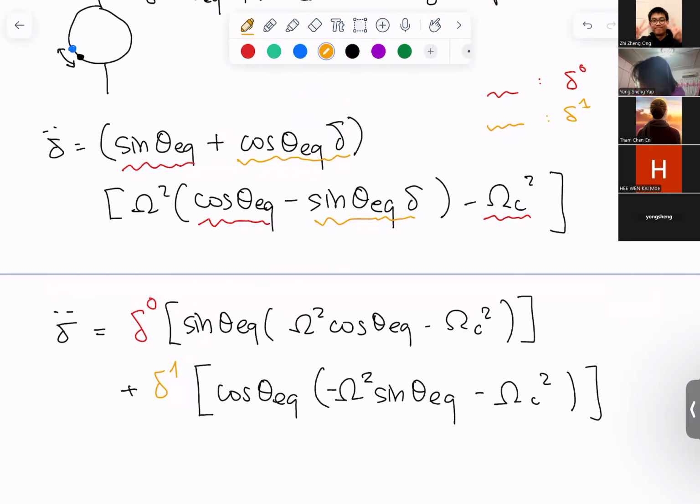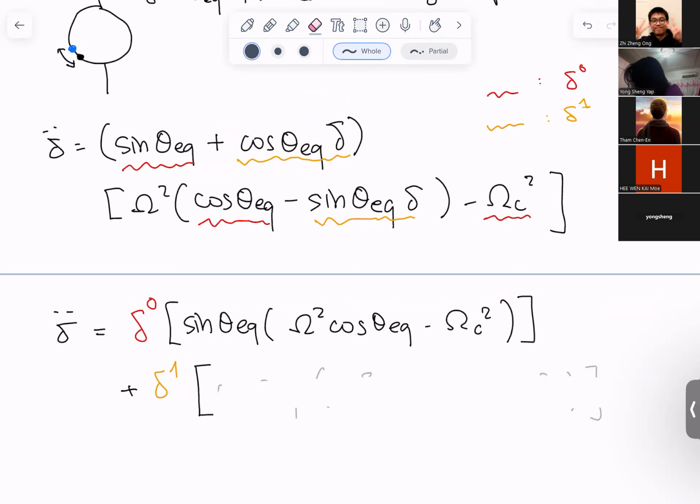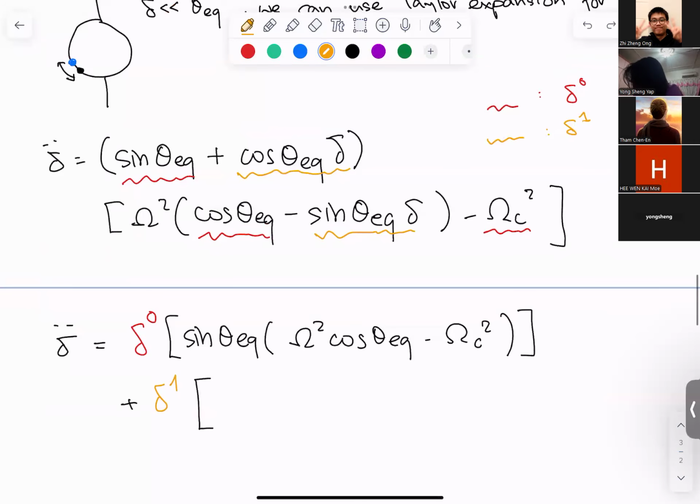So, we need to be clear, because I haven't been clear. So this already has some delta to the first power, and this is all multiplied by the delta to the first power. So what you should only have is this thing, so it should be this.